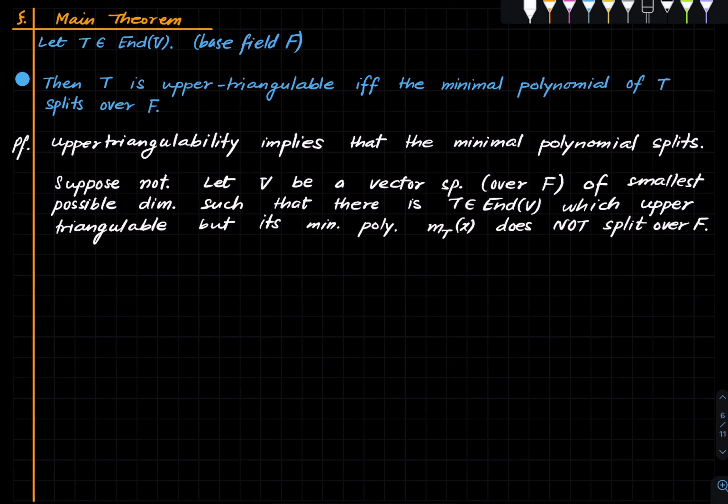Okay, fine. So we want to produce a contradiction. That's the goal for this direction of the proof.